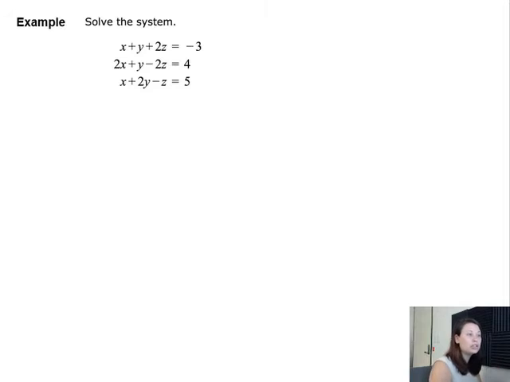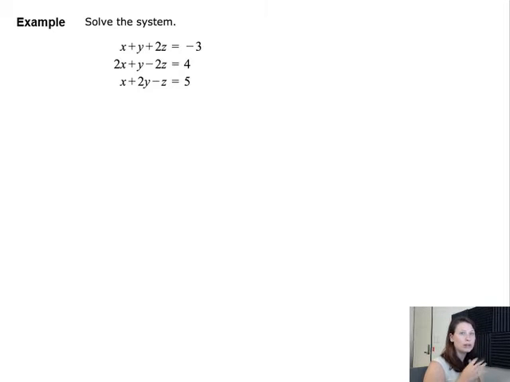So let's go straight into an example here. If we have this system, you can do any of the three ways that we learned last time: graphing, substitution, or elimination. A lot of times, just like in the examples from the last section, elimination is easiest, but don't let that streamline you.